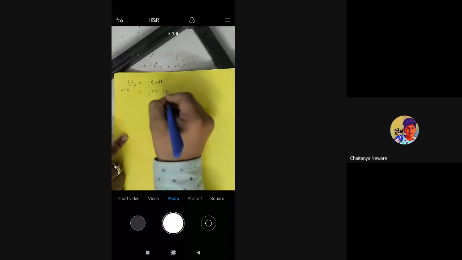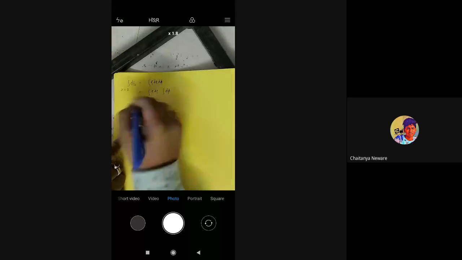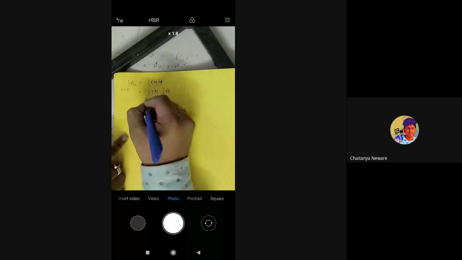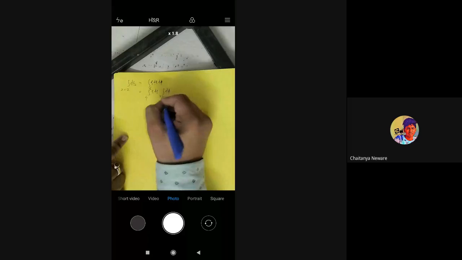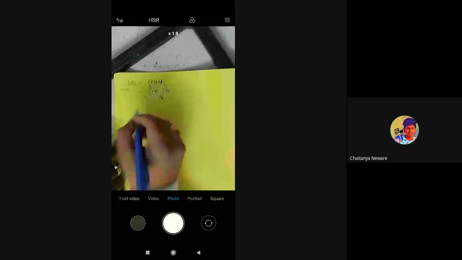So we integrate rho d rho and d phi, with limits 4 to 6 and pi by 6 to pi by 3. Now here rho square, from 4 to 6, and phi from pi by 6 to pi by 3.